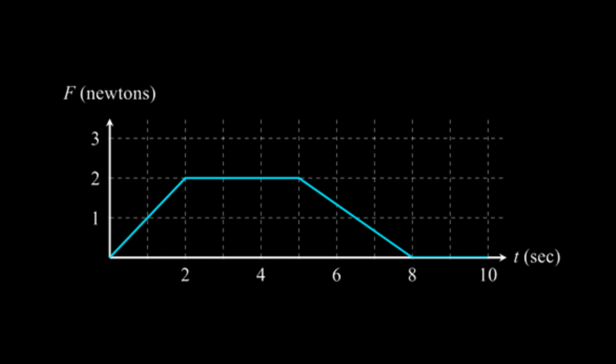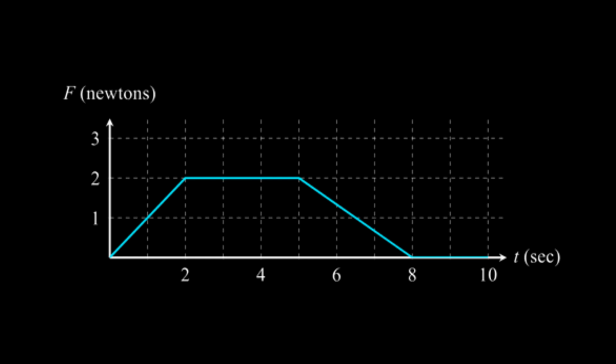So if I was asked what was the impulse delivered to the object from, say, 0 to 2 seconds, then I would simply add up the number of blocks. Well, from 0 to 2 seconds, I have 2 half blocks and a whole block. And so a total of 2 blocks, that's 2 Newton seconds of momentum change. And so I could say that at any time, counting up the number of blocks.